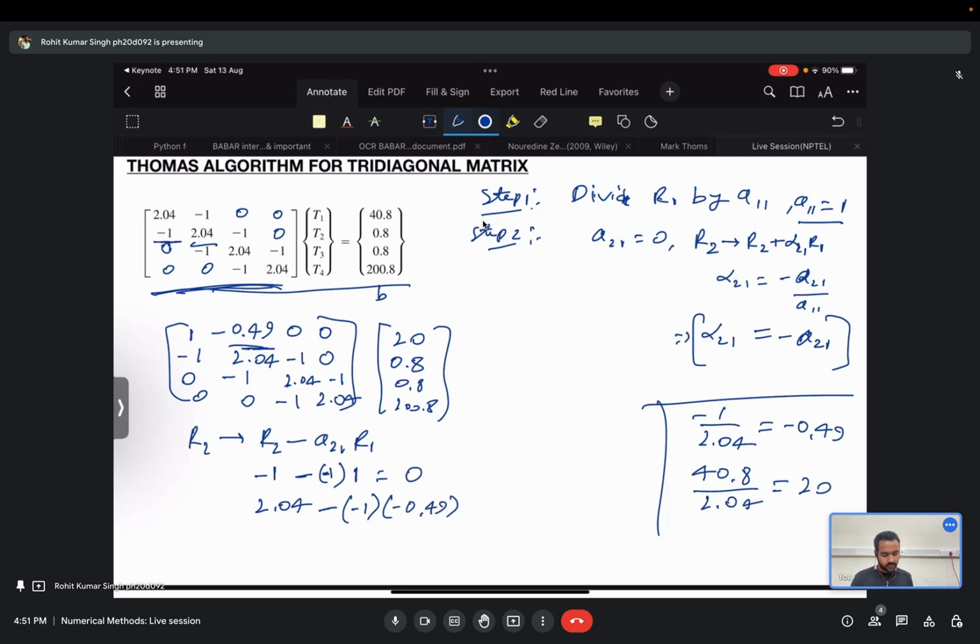So this is 2.04 minus 0.49, and it will be 1.55. You can check it. So what will we end up getting? Let me erase this.